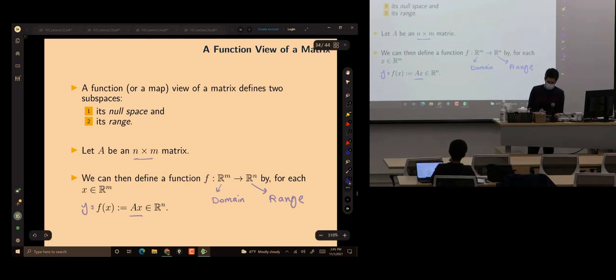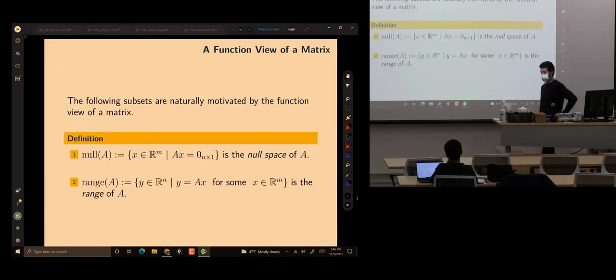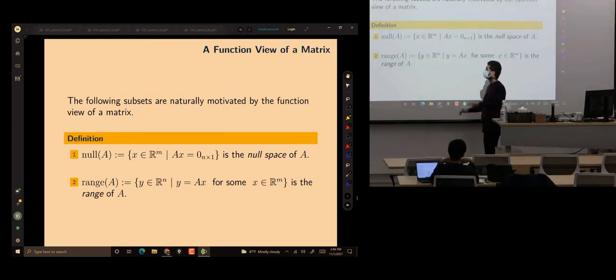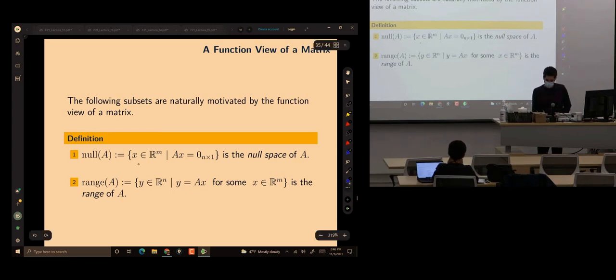So the function view of a matrix leads to two very important concepts, null space and range. So the null space, with all the motivation, we've seen it before, homogeneous systems of equations and all of that, it led to this concept that we take the set of all x values in Rm such that when you multiply A by x, you get 0.